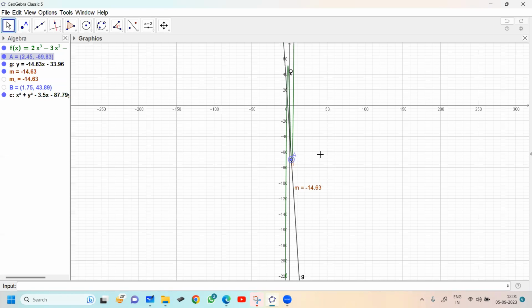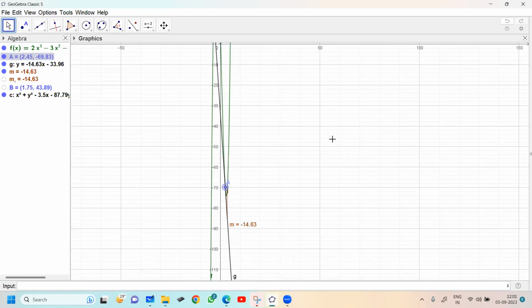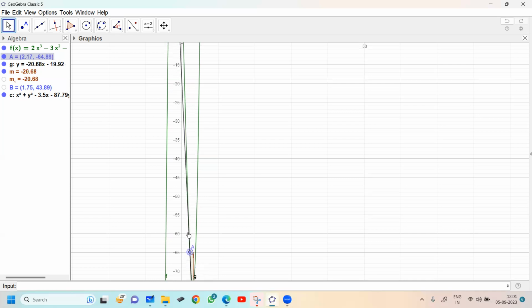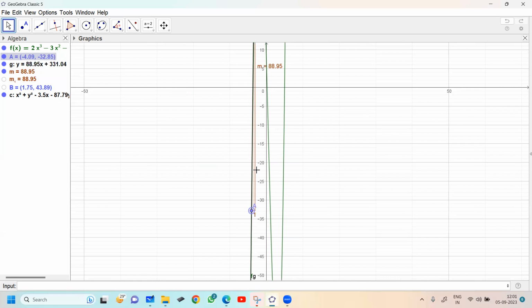So I have taken the tangent of the curve, and I am moving this point throughout the function. Okay. Now, the slope is visible over here. M is equal to 88.95.